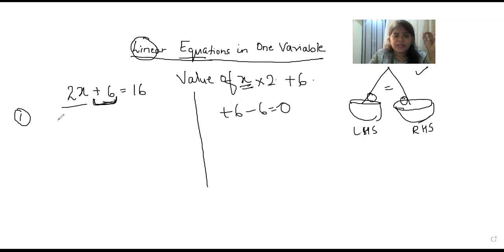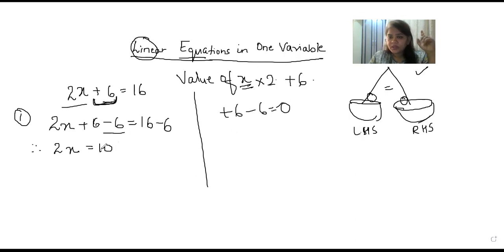So I'm going to minus 6 on my left hand side. 2x plus 6 minus 6 equals to, remember my rule, what is done on the left hand side has to be done on the right hand side. So since I have subtracted 6 here, I am going to minus 6 from the right hand side too. So now my equation is, therefore, 2x is equal to 10. Got it till here? Okay.